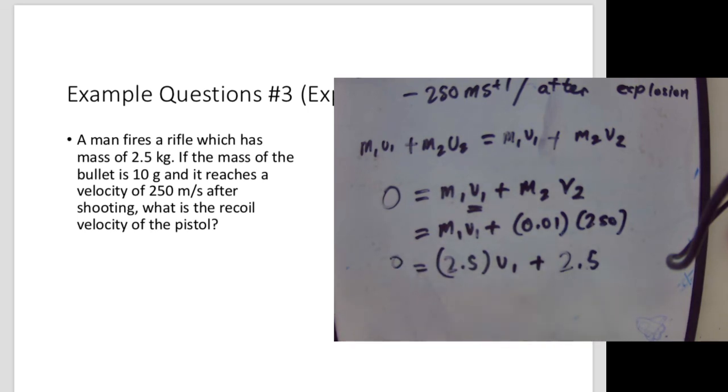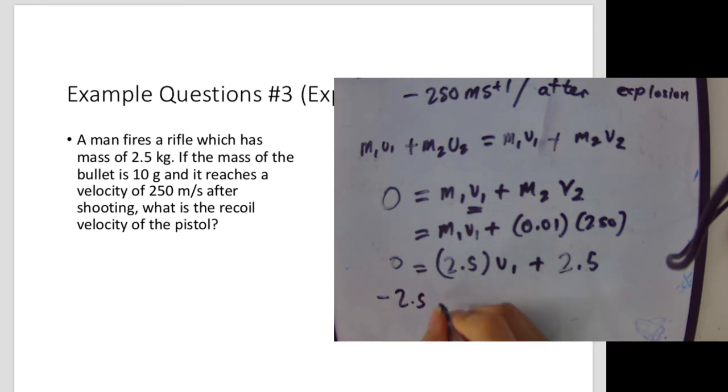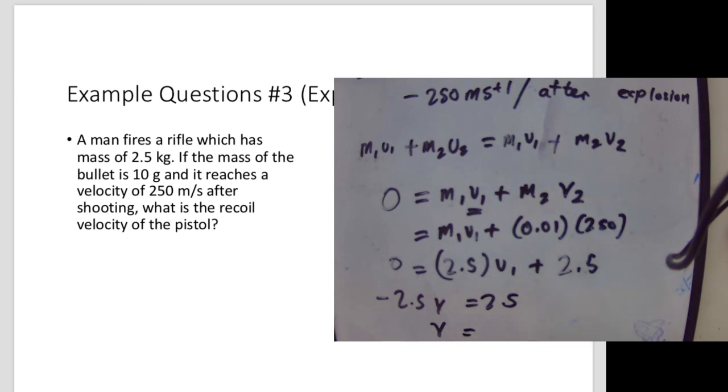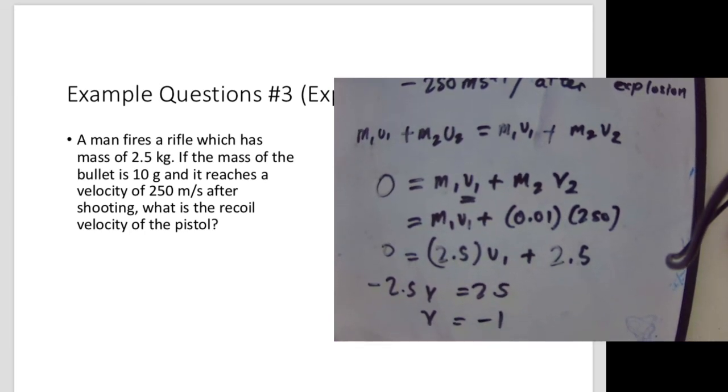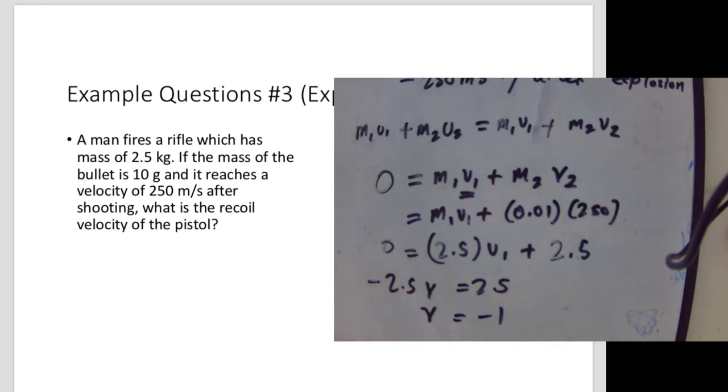If we move it to one side, it'll be -2.5 equals 2.5. So V must equal -1, which makes sense, yeah? The bullet is going one direction and the pistol is going in the opposite direction.